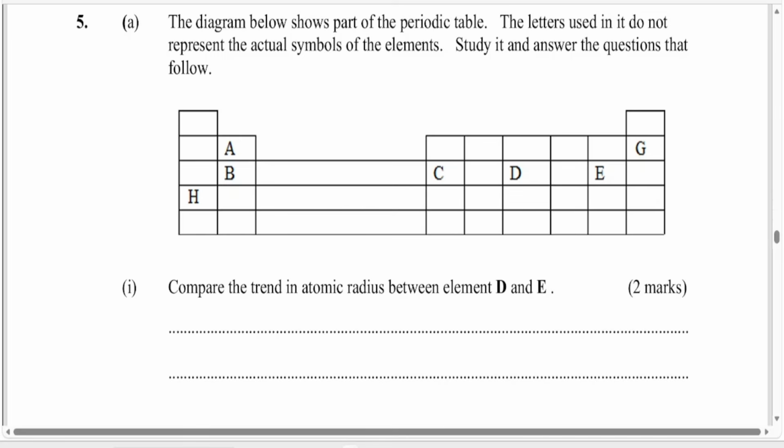This is a periodic table portraying the first 20 elements represented by letters. And as we can see, this forms group 1, this forms group 2. These are the transition elements.